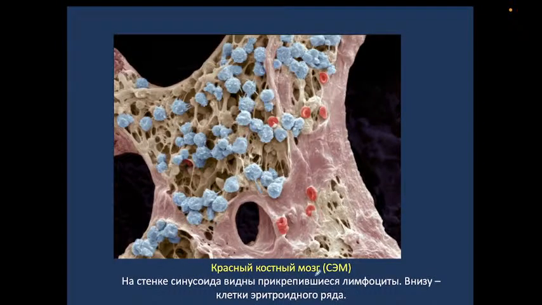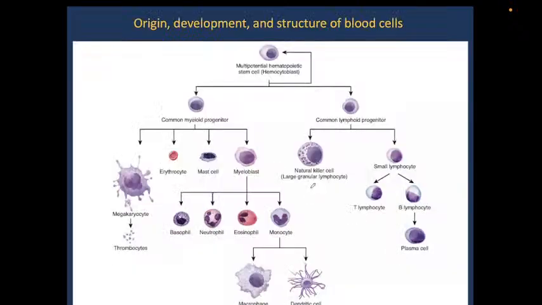Here is also the picture of red bone marrow in a scanning electron microscope, and these blue cells are especially stem cells, or even the major lymphocytes. But here the red ones are erythrocytes.